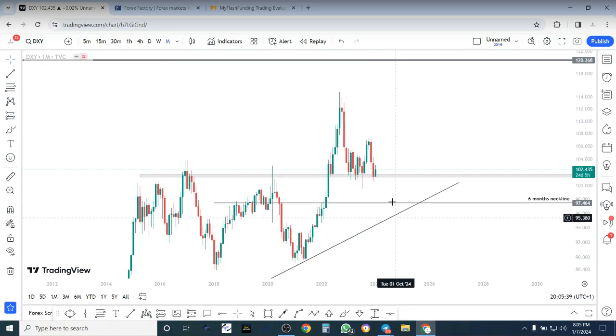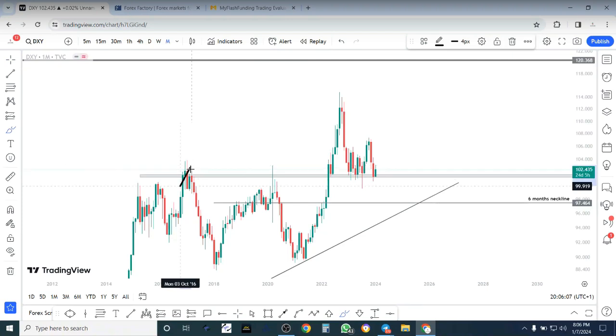But if we close January above this current monthly zone, I believe it's going to invalidate my projection of an initial bearish month for the first 3 months of this year, right? So if we close January above here, then I'll be expecting price to continue pushing higher, because this is a solid zone that has been tested multiple times. Here's my marker. So you can see how price has tested this zone around here, and all these zones.